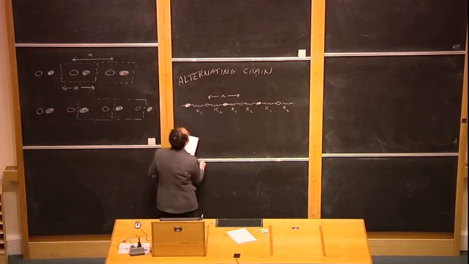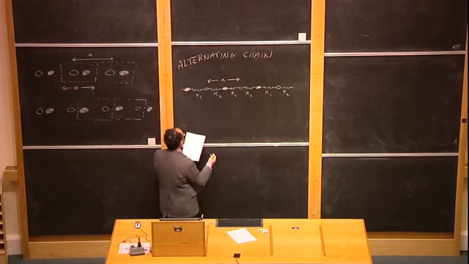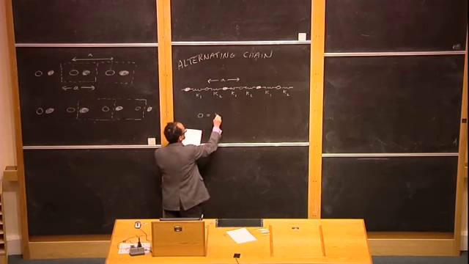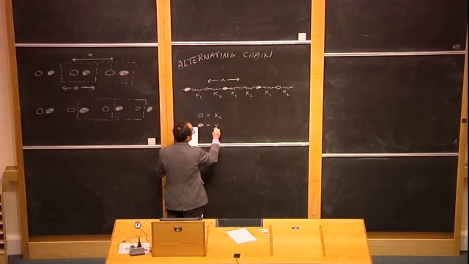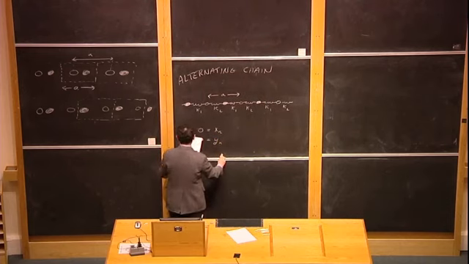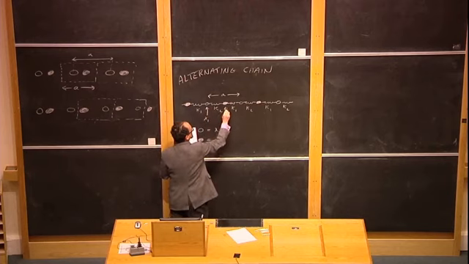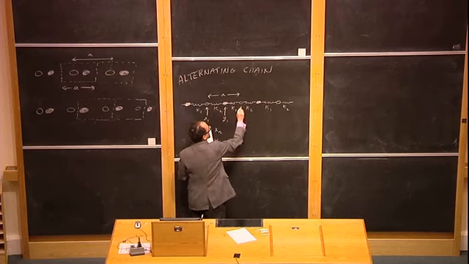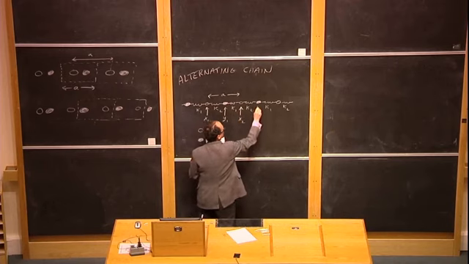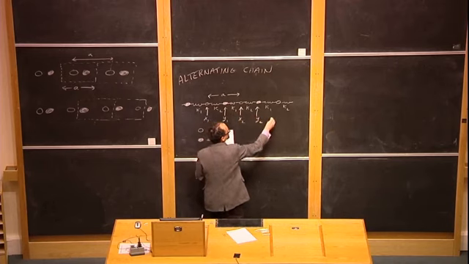So let's write down some coordinates. For example, let's let the light-colored atoms have positions xn, and the dark-colored atoms have position yn. So for example, let this one be x1, this one will be y1, this one will be x2, this one will be y2, and so forth.